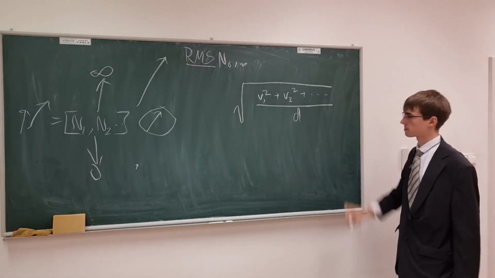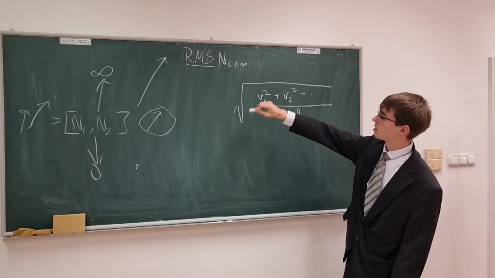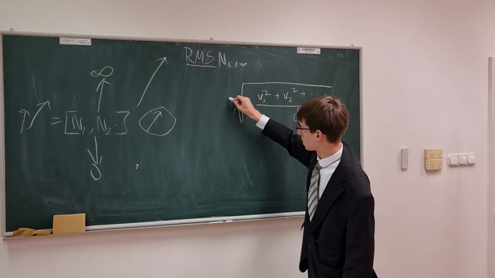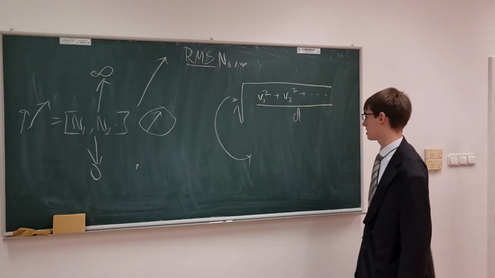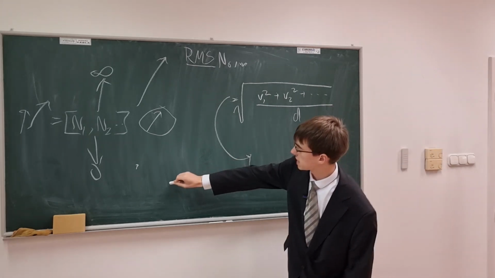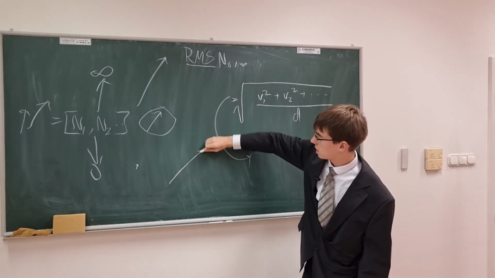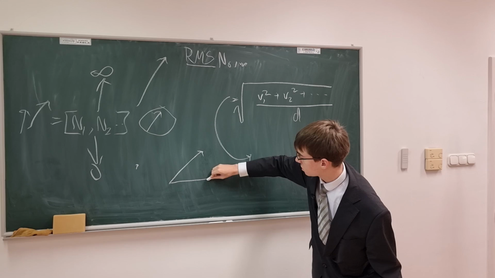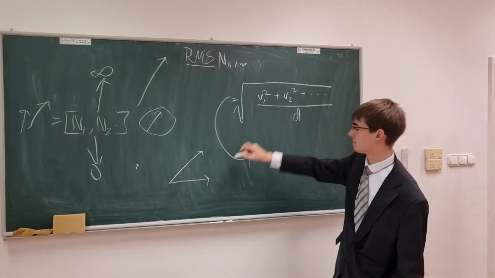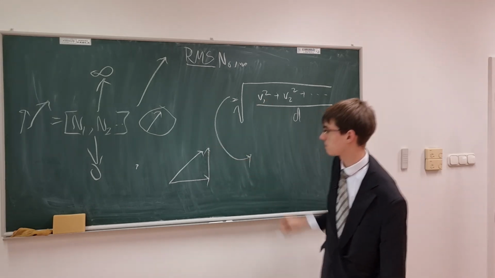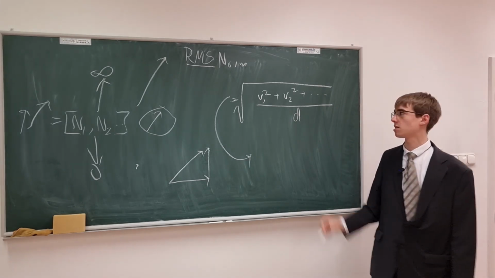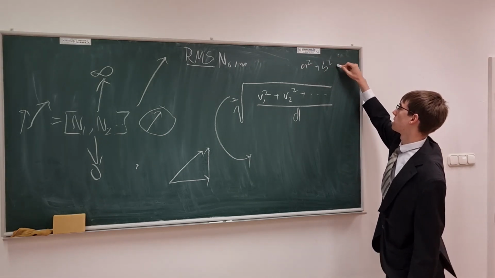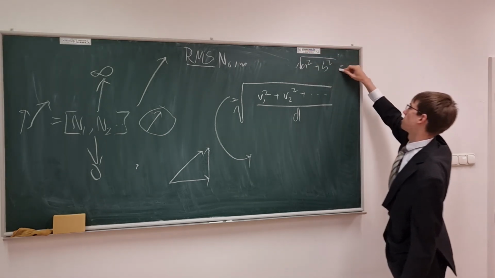This is RMS. And what this simplifies to, in practice, is this: you may remember that in 2 dimensions, the way you get the length of a vector is you break it down into one component, one number, you break it down into another number, then you use Pythagoras' theorem, which is a squared plus b squared, square rooted equals c.